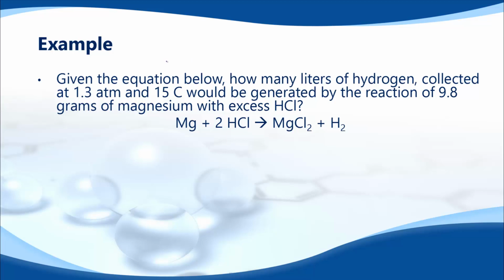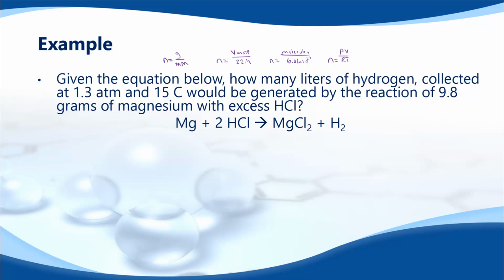Well, again, we know that moles is equal to grams over molar mass. We know that moles is equal to volume at STP over 22.4. We know that moles is molecules over Avogadro's number. And now we know that moles is equal to PV over RT.